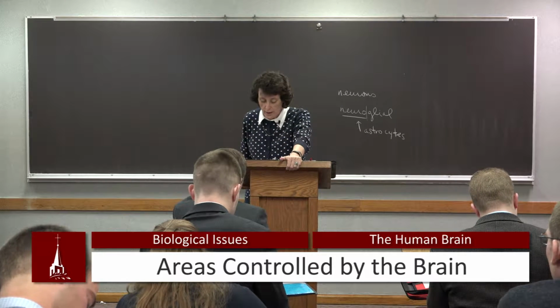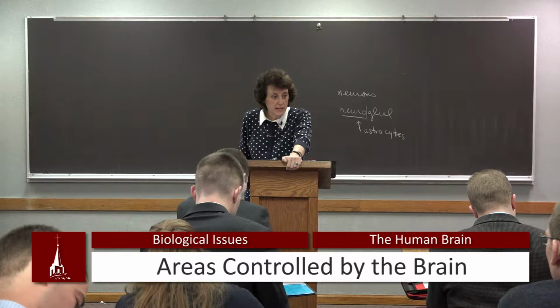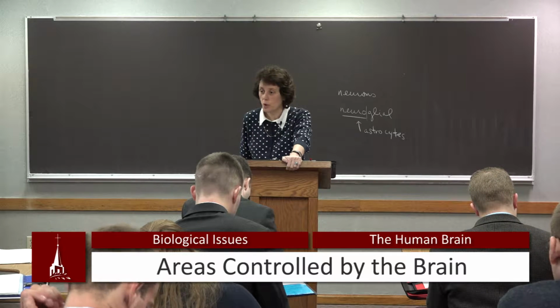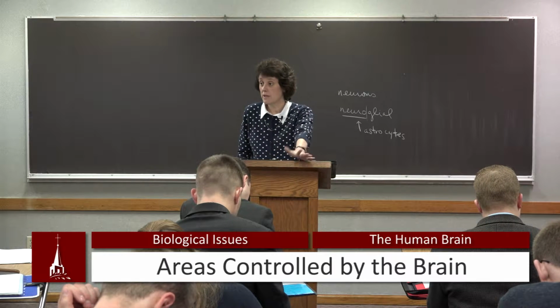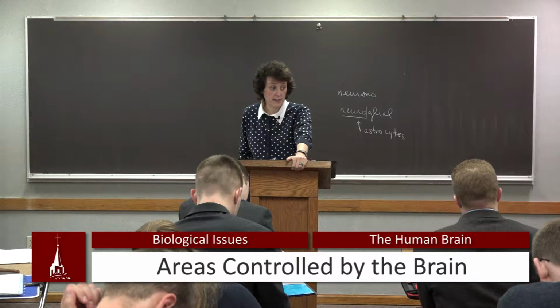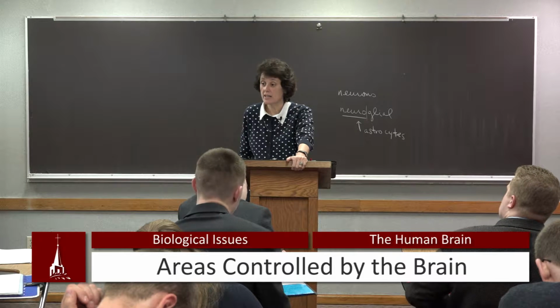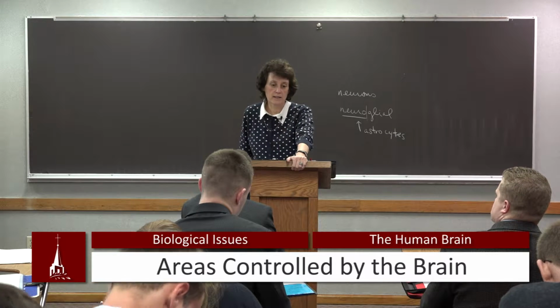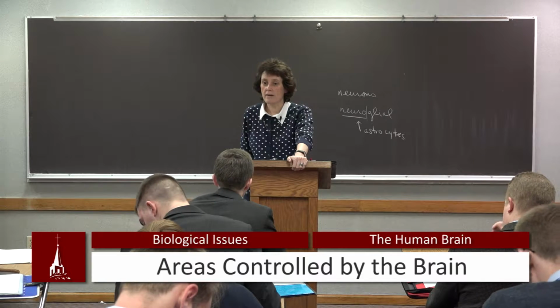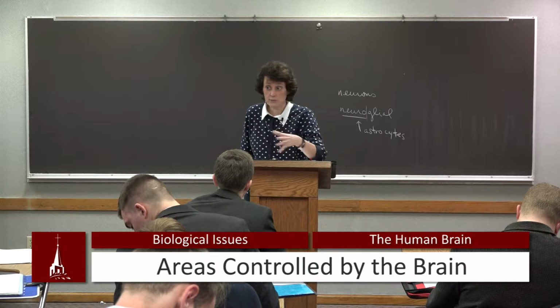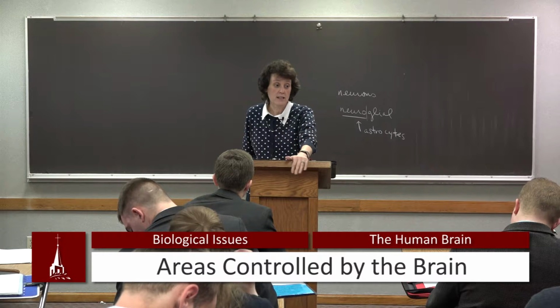Also, your involuntary body functions are controlled by your brain. We mentioned the brainstem on Monday. The brainstem has a respiratory center that helps regulate your breathing. Your brainstem has a heart regulatory section. You also have communication with your endocrine system, which controls all of your glands.